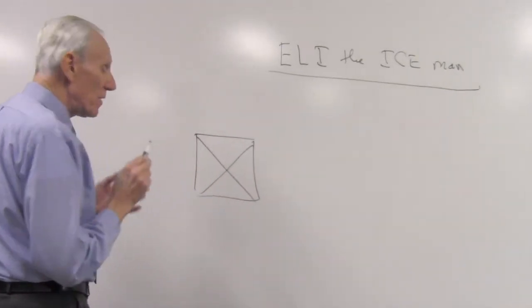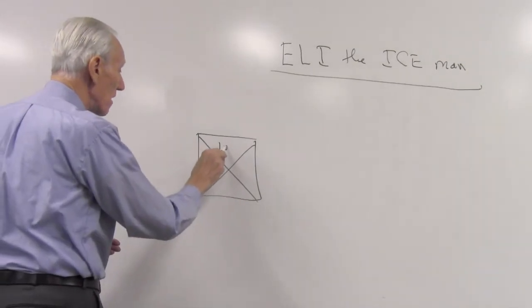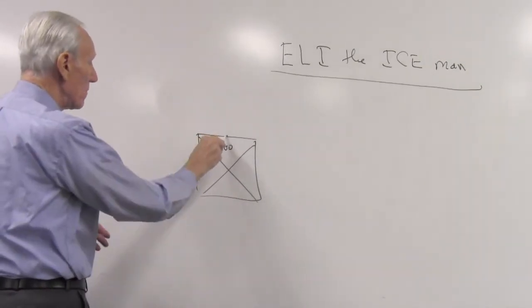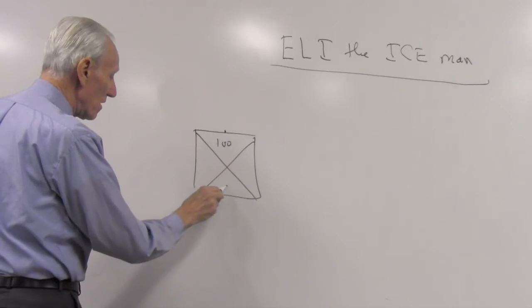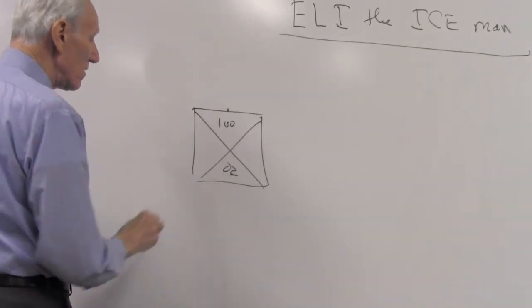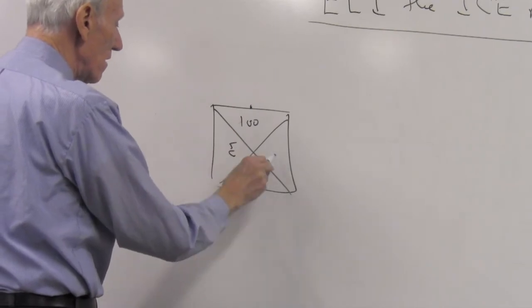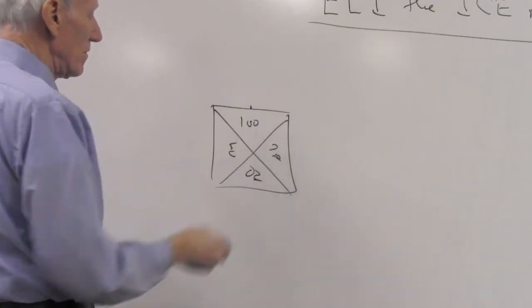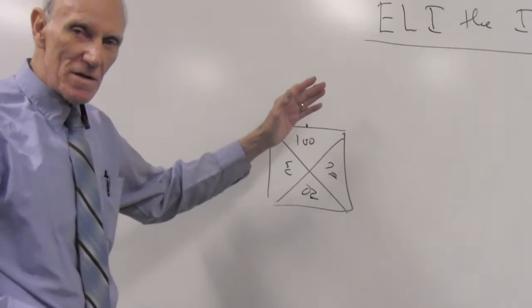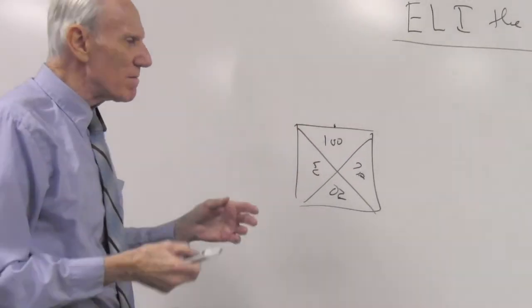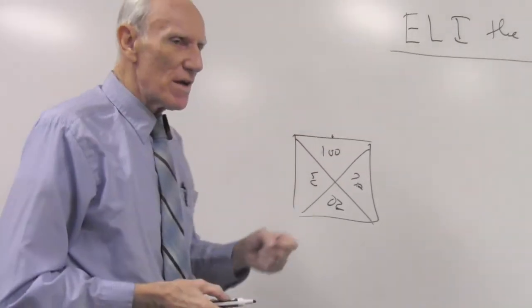Depending on how much ice you needed, if you needed 100 pounds of ice, she would hang it up with the 100 on the top. If you needed 50 pounds of ice, she would hang it up the other way. If you needed 25 pounds or 75 pounds, she'd hang it up with those showing on top. So Eli knew without going in and knocking on the door how much ice we needed that week.